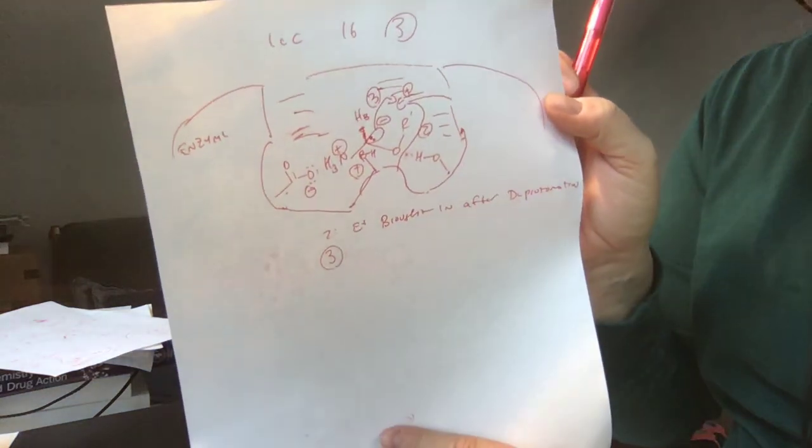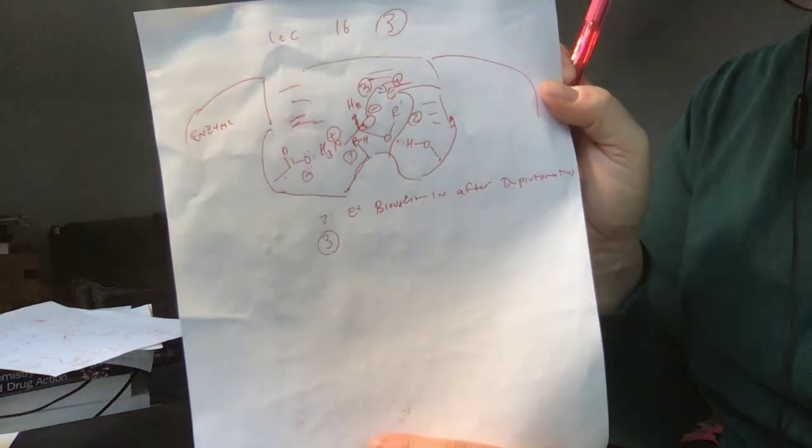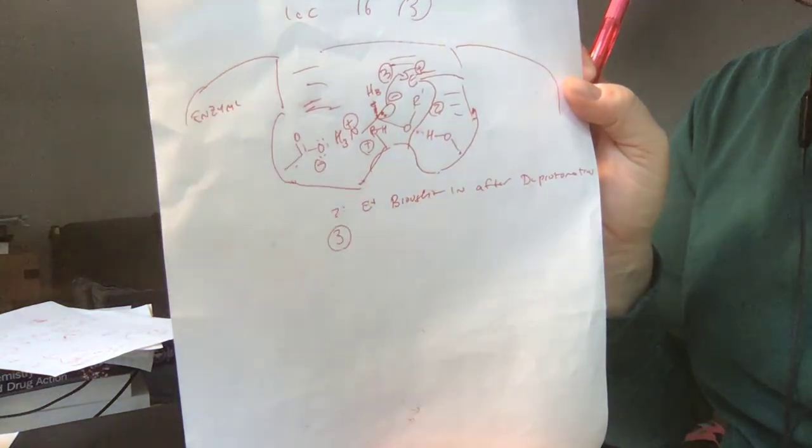And now if we have it as 3, that lone pair, the minus charge, is going to attack the electrophile.